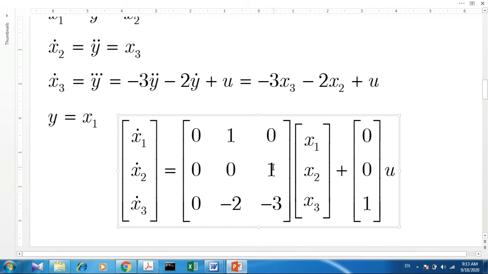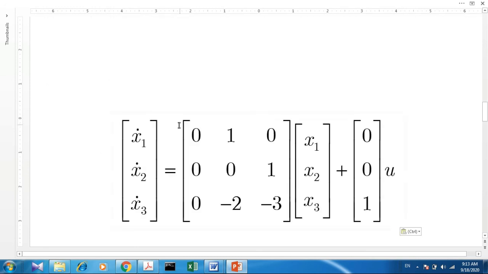X dot equals Ax plus Bu. This is the state equation, with the state matrix and the input matrix, with 3 states because we deal with a third order differential equation.